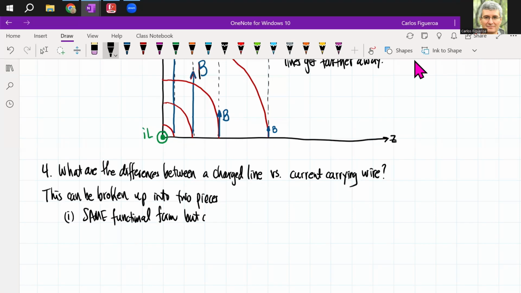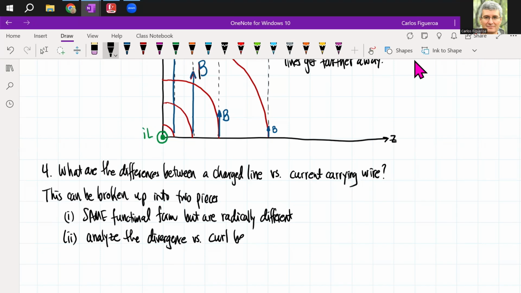But are radically different. So we want to look at those details. And the other one here is that now that we're looking at fields, we should be able to analyze the divergence versus curl behaviors.